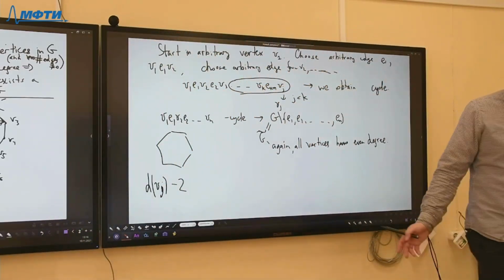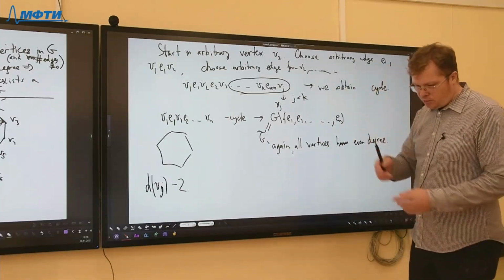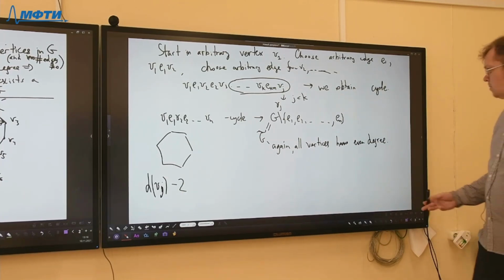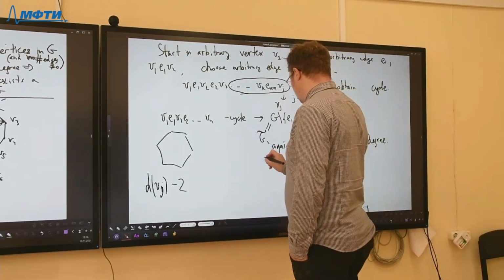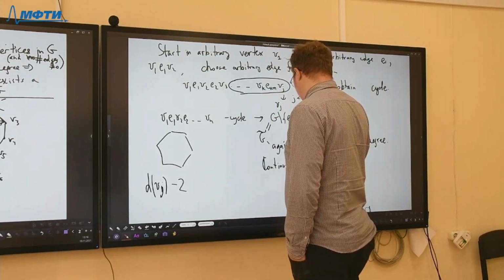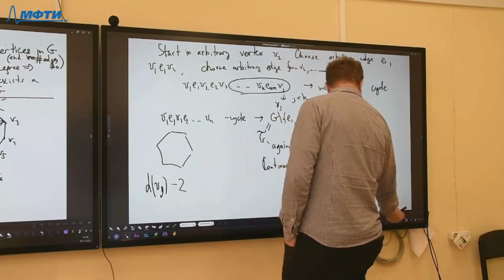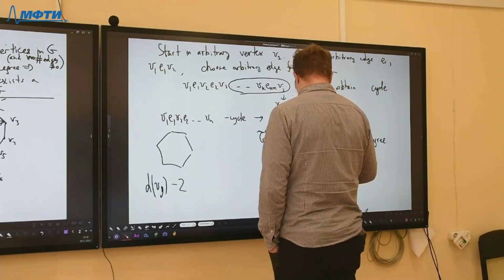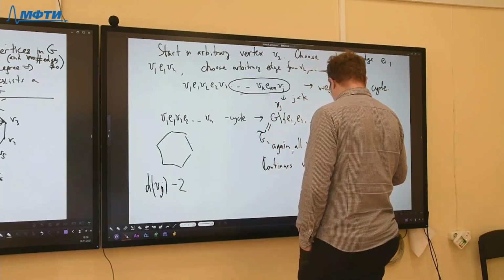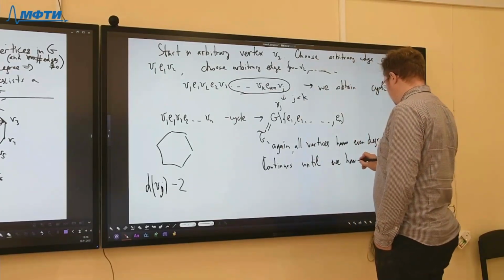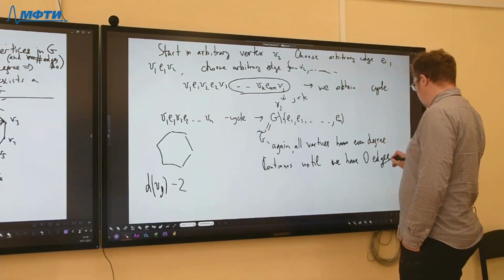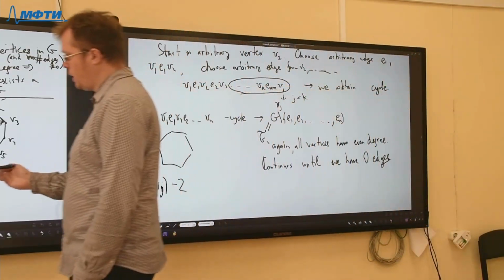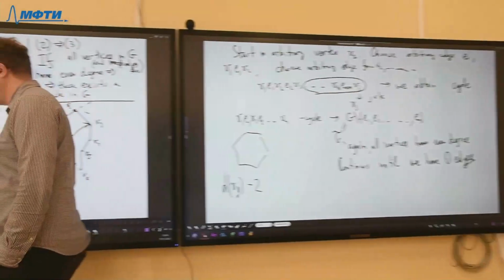When we have no edges, it means that all the edges are covered by several disjoint cycles.